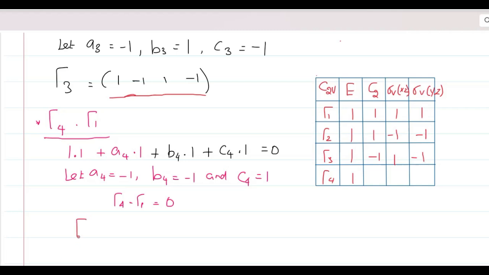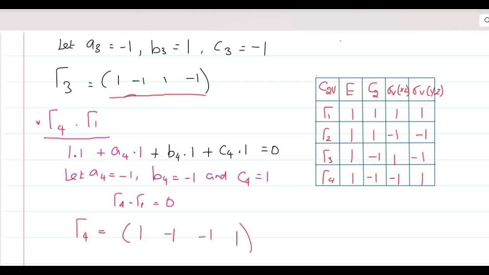And the fourth one, sorry, it is 1, minus 1, minus 1, 1. So let us write here 1, minus 1, minus 1, and then 1.